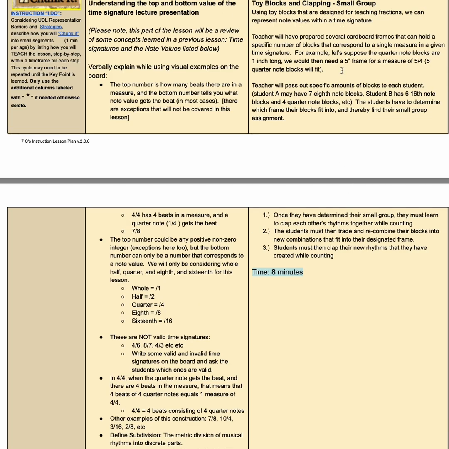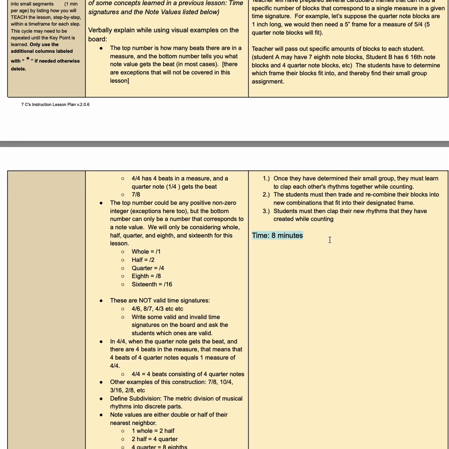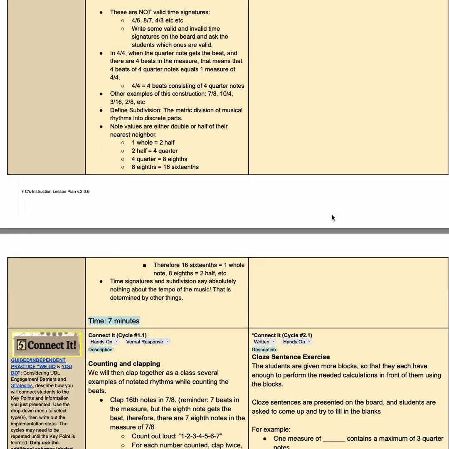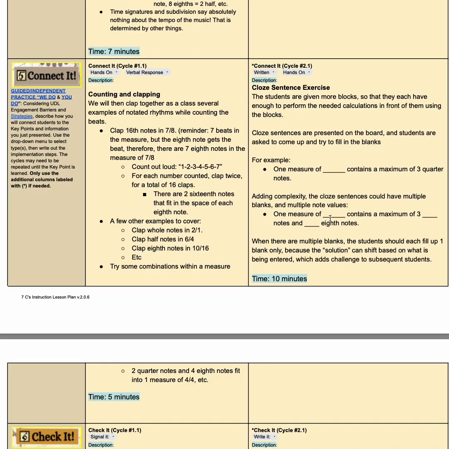So they're going to have these blocks that they're going to use to make up the measures with the note values that they have, and they're going to use that to connect with other students in their small group, and they have to figure out how to combine their blocks in different ways. And then we're going to go to this closed sentence exercise for the connected, but they're still going to have their blocks, and this is kind of a key part of it.